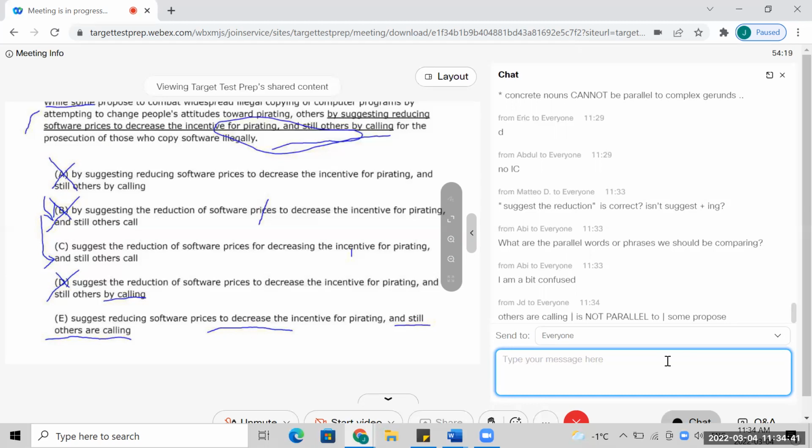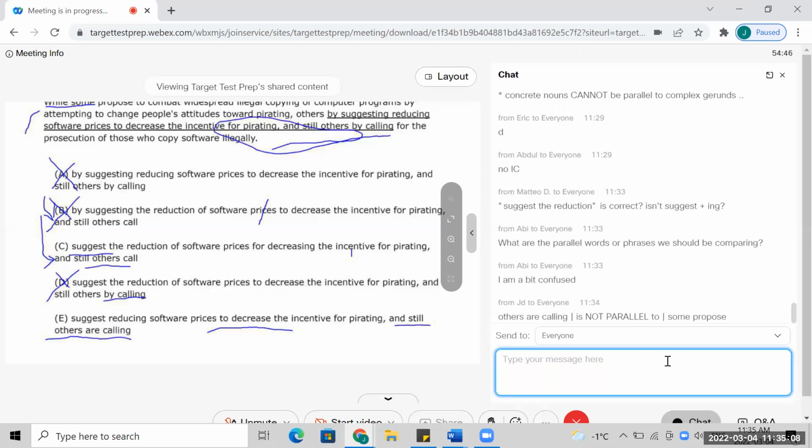So it works. E works. Let's check C. While some propose, others suggest the reduction of software prices for decreasing the incentive for pirating. So look what's going on here. In the middle, they gave us the most parallel choice. While some propose, others suggest, and still others call. That sounds perfect.